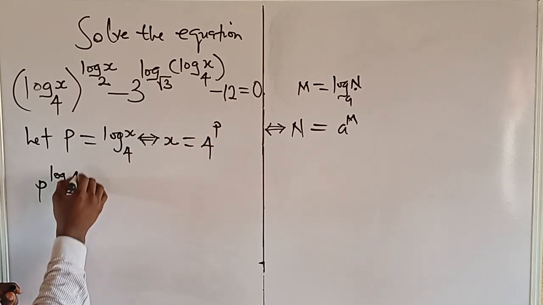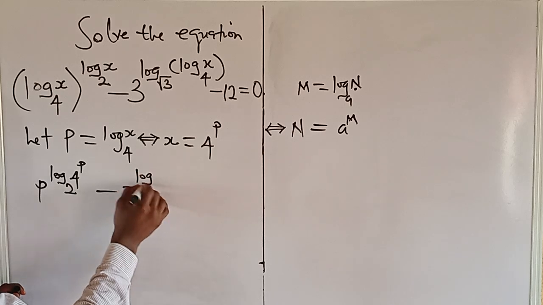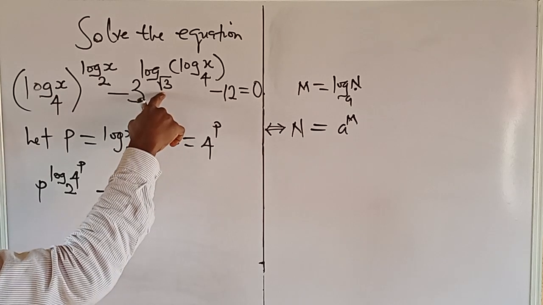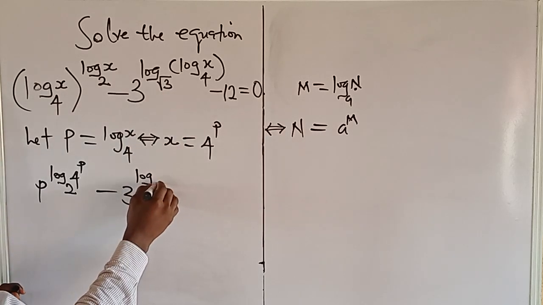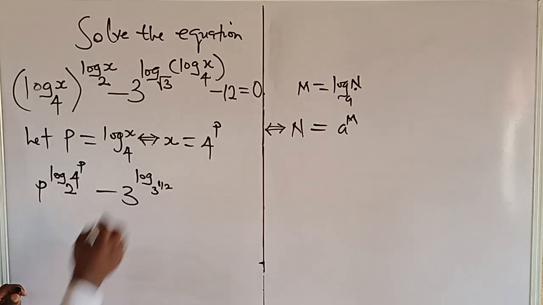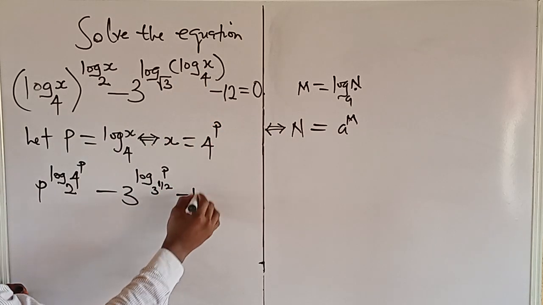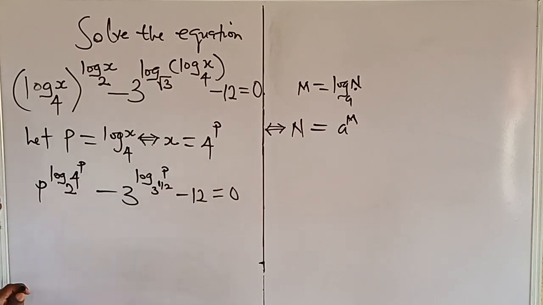So we have 4 to the power of p, minus 3 to the power of log to the base. Now root 3 can be interpreted as 3 to the power of 1 over 2. So in place of log to the base 4 of x, we shall put p, minus 12 equals 0.